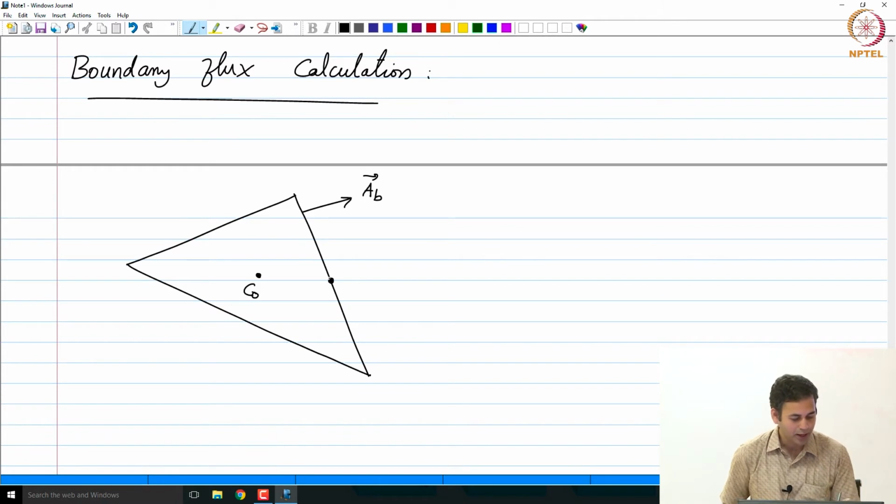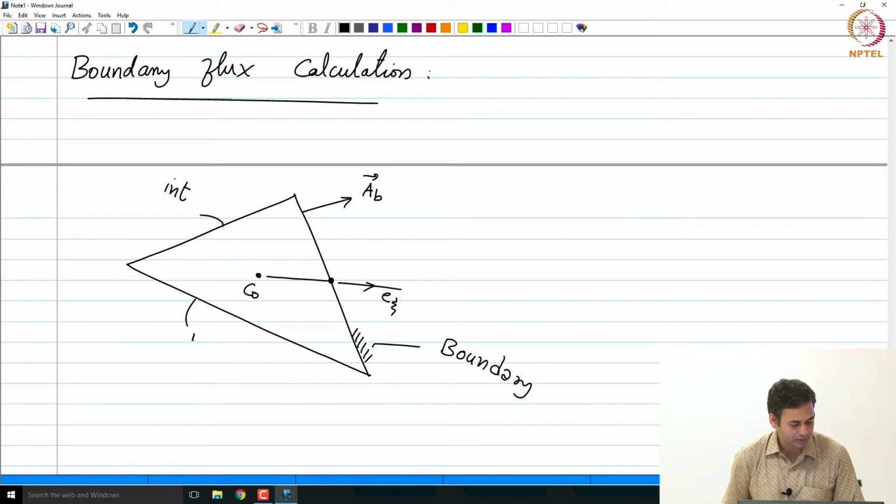The line connecting the cell centroid to the face centroid now defines the direction E xi. If it were interior, the line connecting C0 to C1 defined our E xi. Now, we do not have a C1, because this is a boundary, and these are the interior faces.